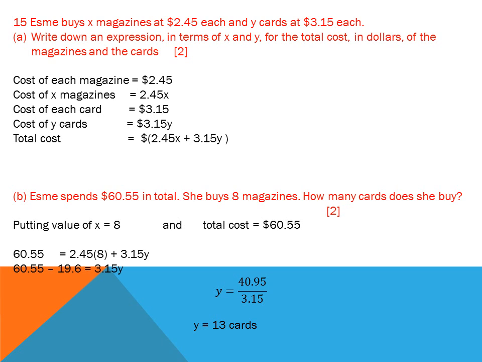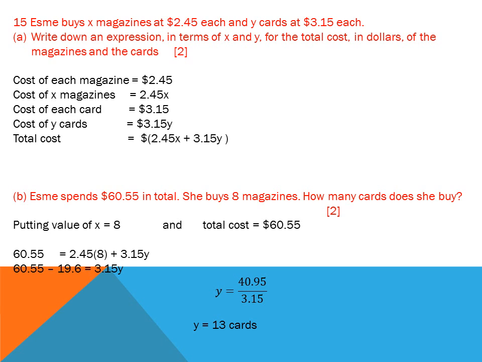Esme spends $60.55 in total. She buys 8 magazines. How many cards does she buy? It means the value of x should be 8 and the total value is 60.55. I place the total value equal to 60.55 in the previous equation, and put the value of x equal to 8.